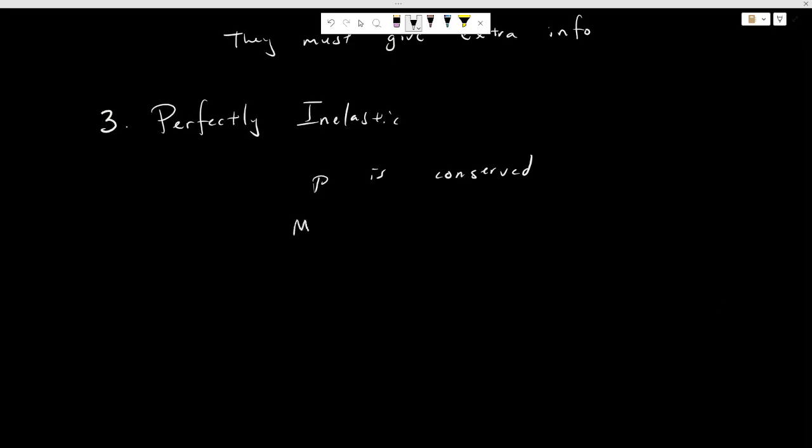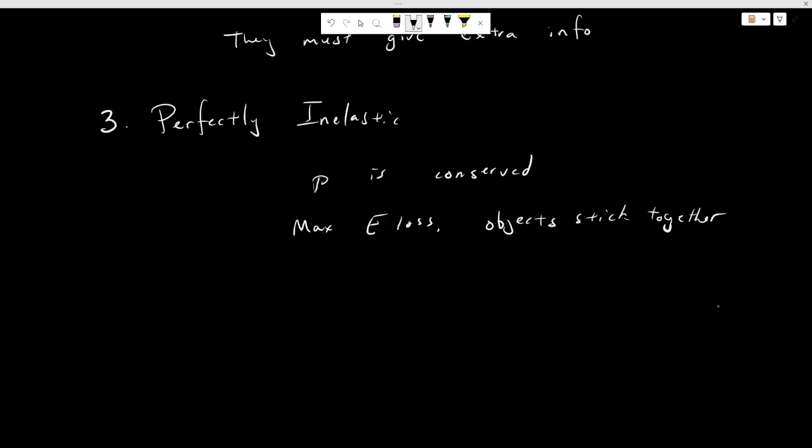We have the max energy loss. So at the max energy loss, the objects stick together, meaning they don't bounce off of each other or anything like that. You can go through and prove that that's the maximum amount of energy loss for a system. It isn't fruitful, so we're not going to do that. I'm just going to tell you that it's the maximum energy loss.